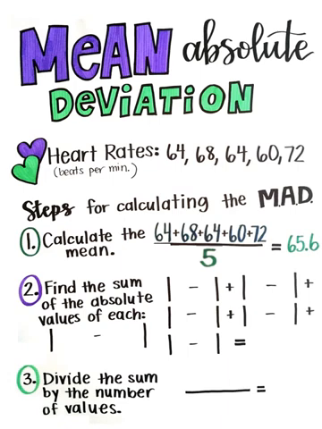Now for step 2, we have to find the sum of the absolute values of each of those. In order to do that, we take the value and we subtract our mean. So let's start with the first one. We have 64 minus 65 and 6/10.